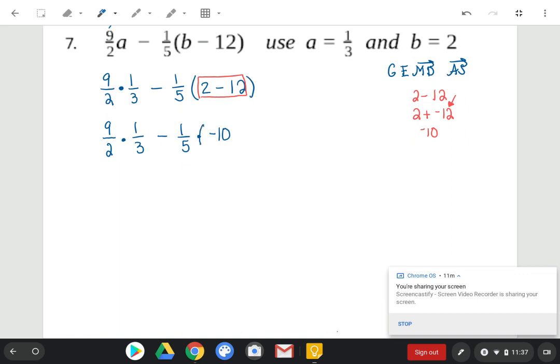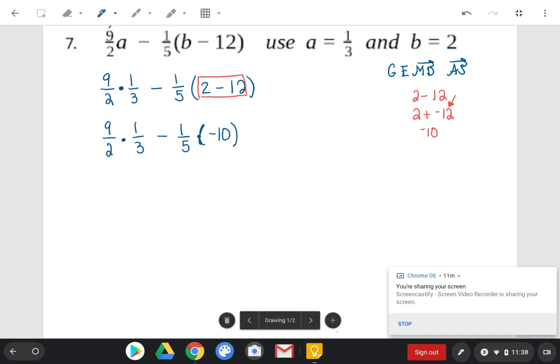You could just as easily have used the parentheses to indicate multiplication. It's the same thing. Okay, so going back to GEMDAS, I don't see any more grouping symbols inside of which there is something to do. There are no exponents, so we are looking for multiplication and division.